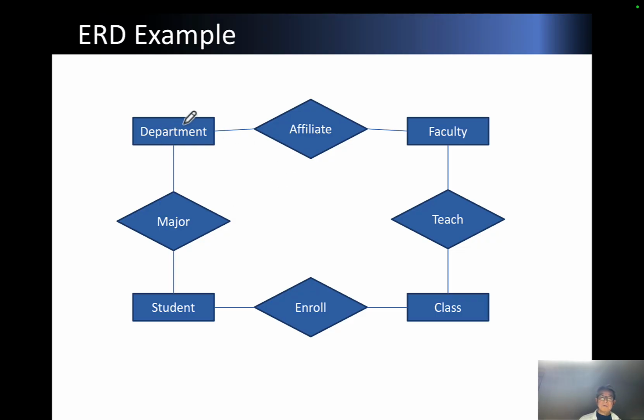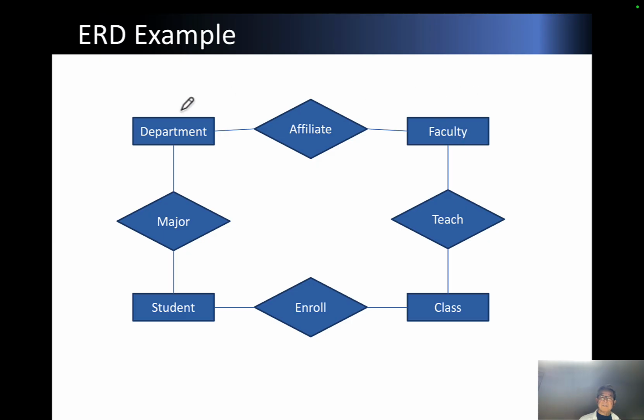So a department ER diagram has a square and diamond. Square is an entity set and diamond is a relationship set. So in this case, the department entity set, you can simply think of as the table. So department table, and then faculty table.